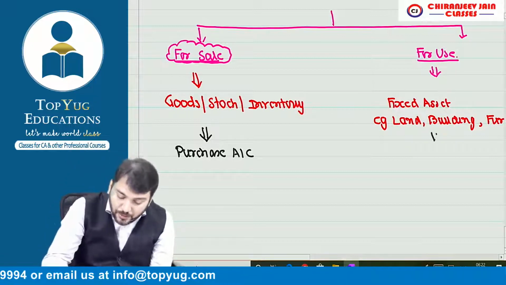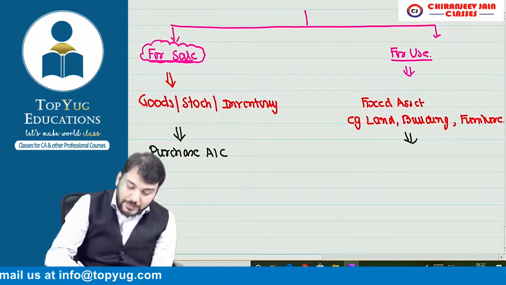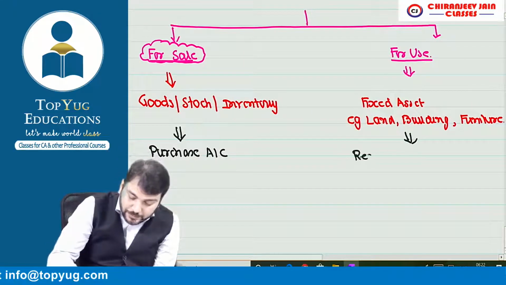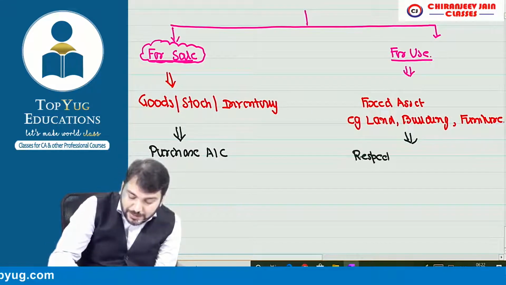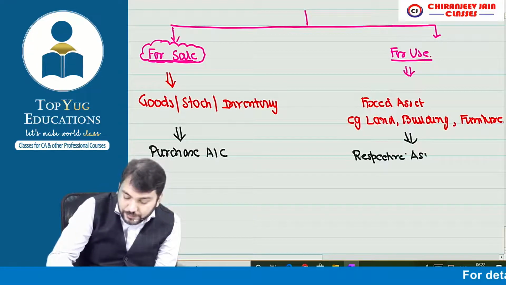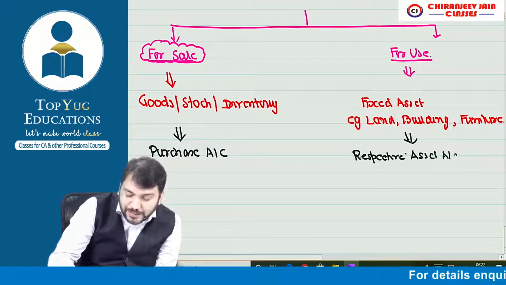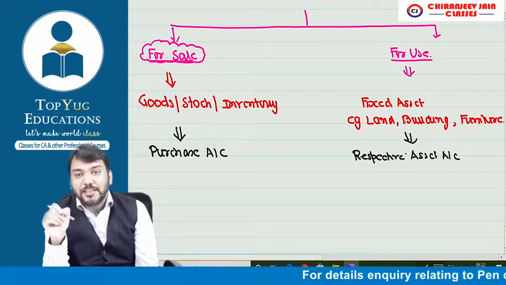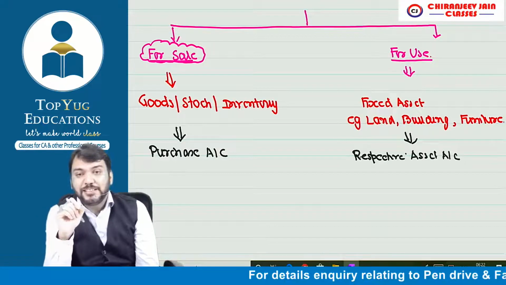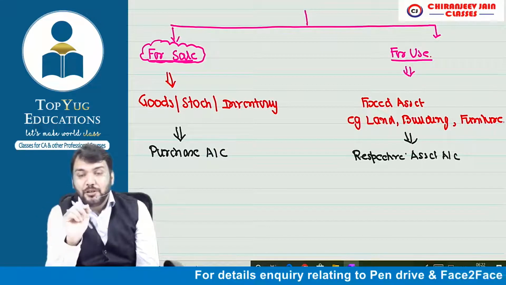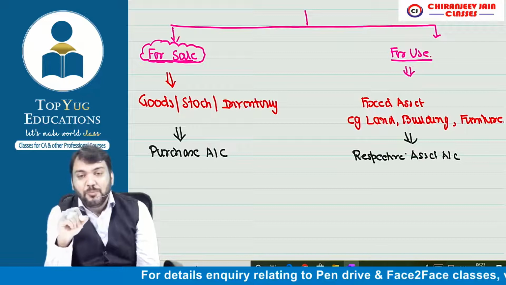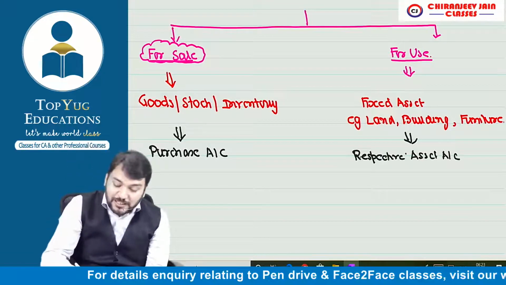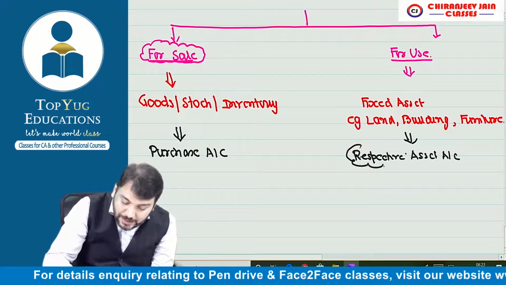And for this, we open the respective asset account. Respective asset account means you purchase furniture, you will not open a fixed asset account, you will open a furniture account. You purchase land, you'll open a land account. You purchase a building, you'll open a building account.